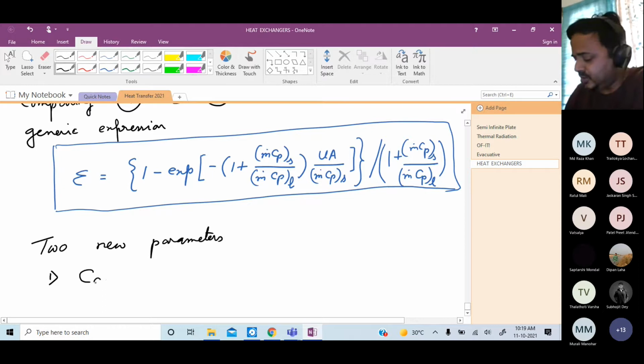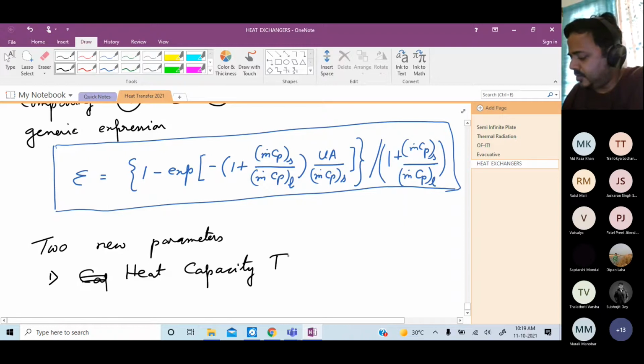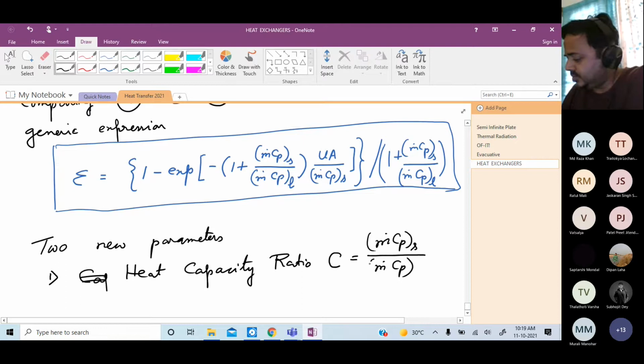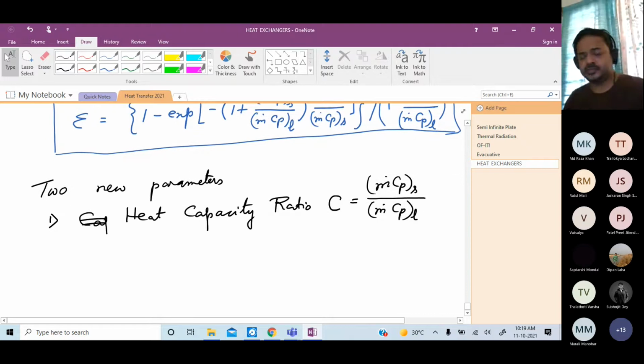The first one, we call it the heat capacity ratio, C. And what is that? That is m dot Cp of the smaller value divided by the larger value. Okay. So this you can remember.